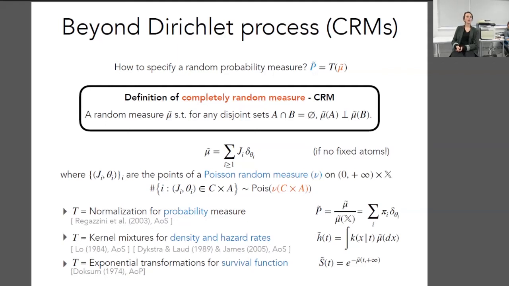Then another way of using completely random measures is through kernel mixtures, which allow to model both the density functions or hazard rates, depending on your final object of inference. And finally, a common specification is also through an exponential transformation, which allows to model survival functions.